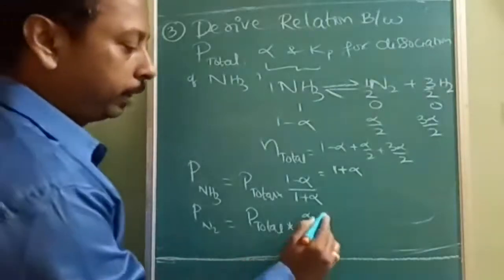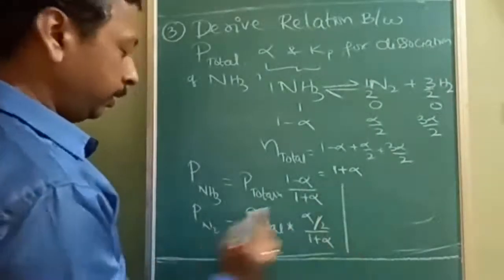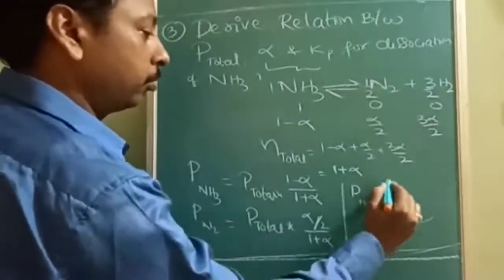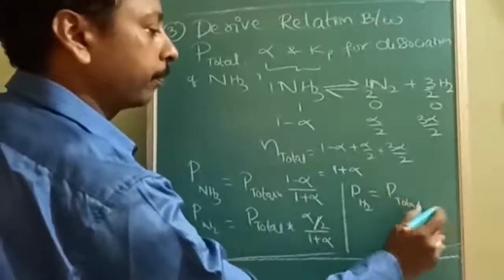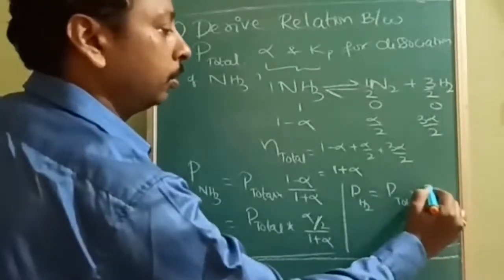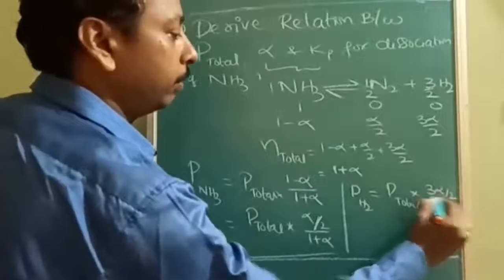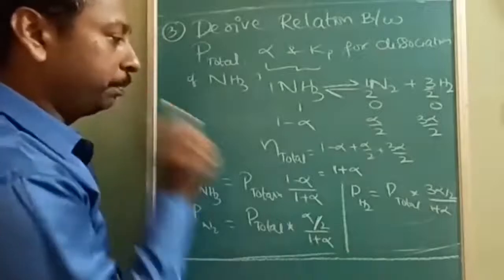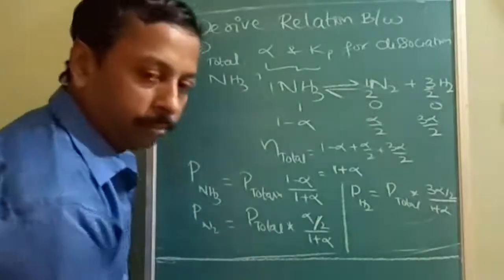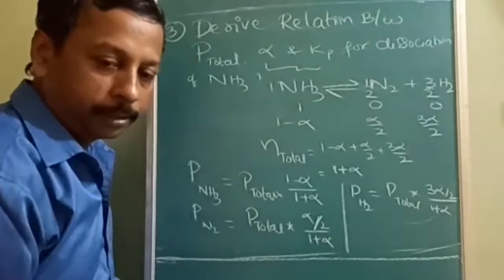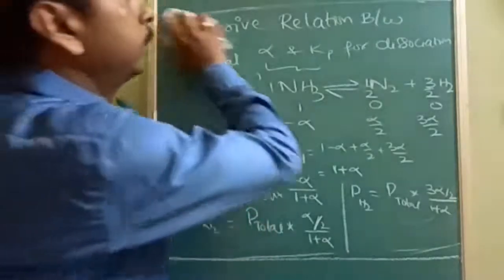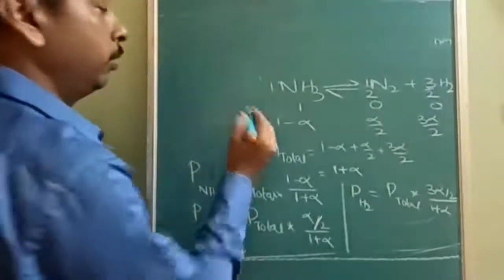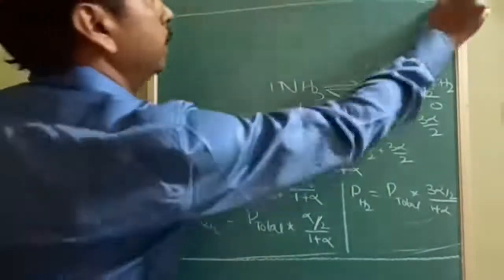Next, PH2 is equal to P total into 3 alpha by 2 divided by 1 plus alpha. Now we have all the partial pressures. Now I will substitute all these partial pressures, then I will get the Kp. Up to here it should be clear, then only you will be able to understand further.